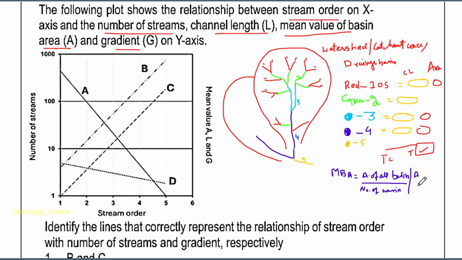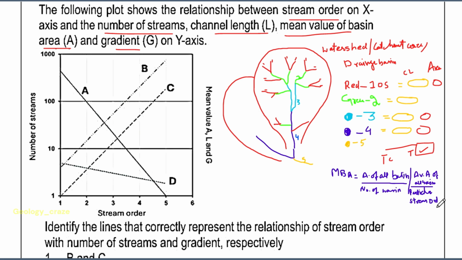Average area of all basins, divided by the particular stream order. Stream order, what does it mean?